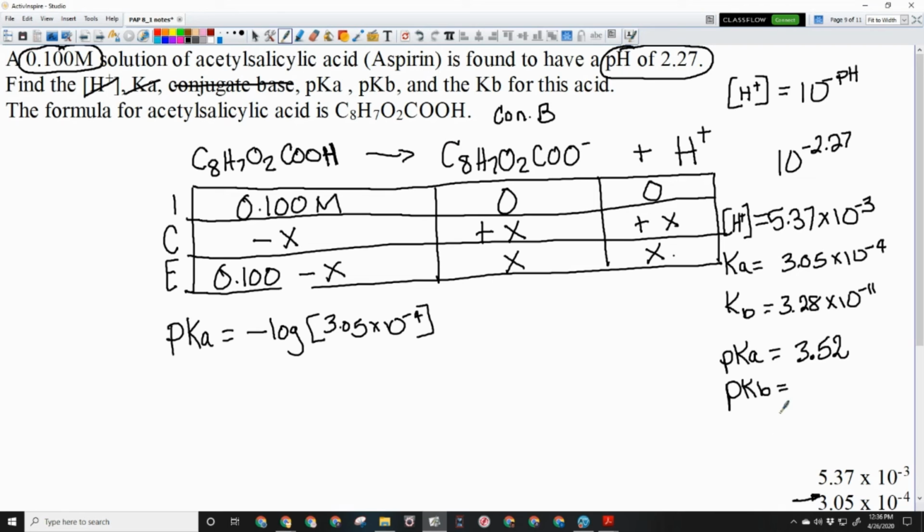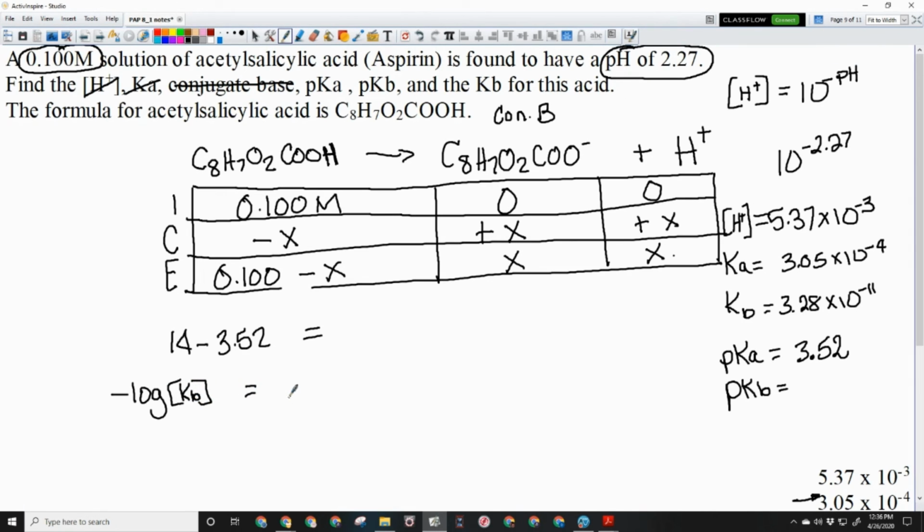Now there's two ways to get pKb here. Can you think about the two ways? One way is 14 minus 3.52, or you can take the negative log of our Kb value.